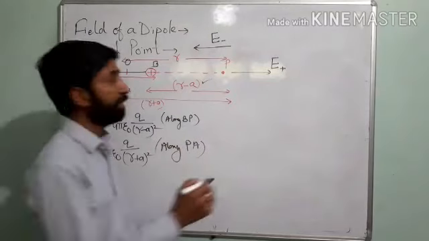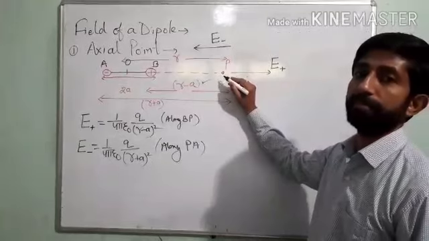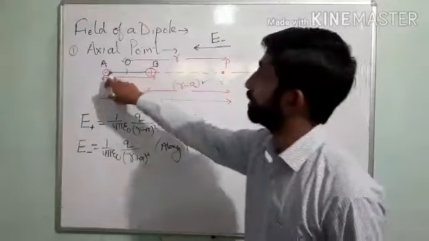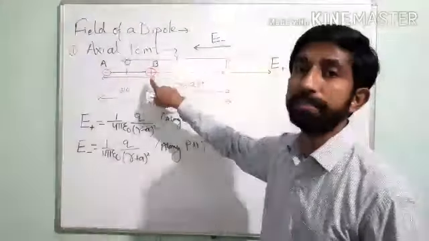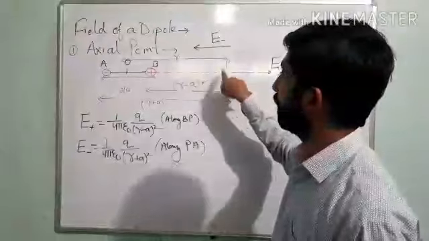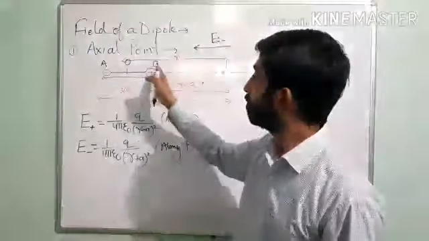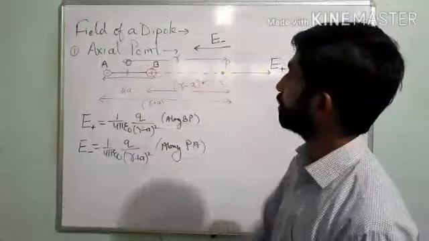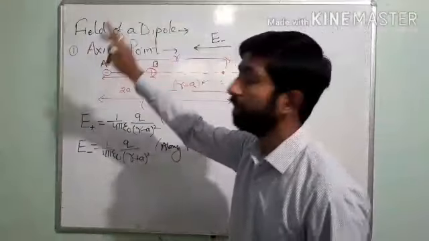What will be the net field at this particular point P? You must be guessing this. This point is closer to the positive charge, because both the charges are equal. Obviously this charge will dominate its field at this particular point, and this charge being farther away will have a smaller field. So the net field will be the field produced by the positive charge minus the field produced by the negative charge.